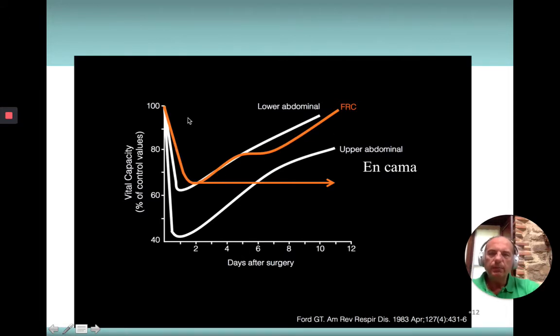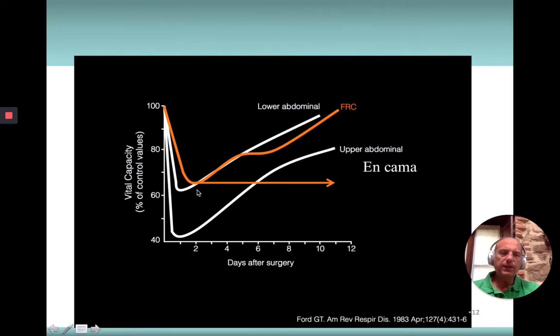So the story about functional residual capacity in surgery is not only after induction. We all know that when you intubate the patient, you create a relaxation of the diaphragm, and the abdominal cavity pushes the diaphragm into the thorax and creates a reduction in functional capacity.